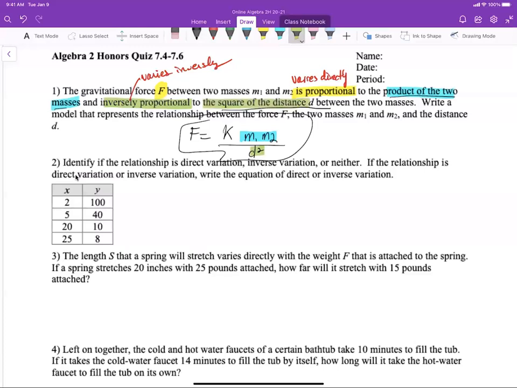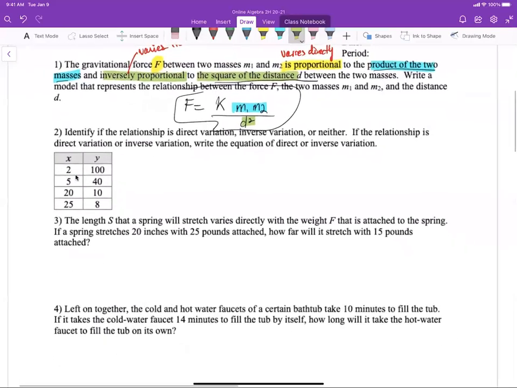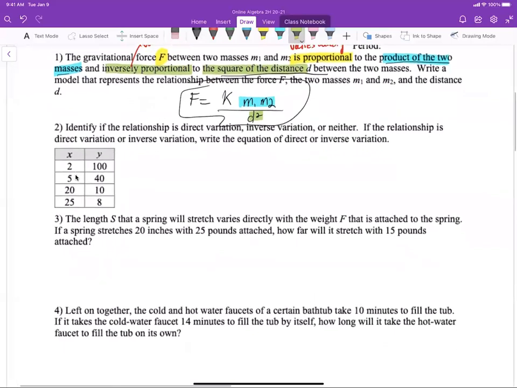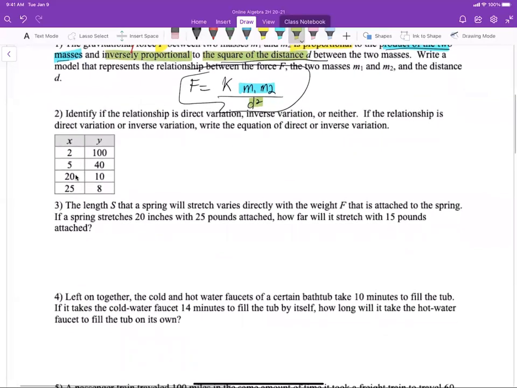Okay. Next, identify if the relationship is direct variation, inverse variation, or neither, and if the relationship is direct variation or inverse variation, make sure you write the equation, including the K constant. Well, let's refresh our memory.